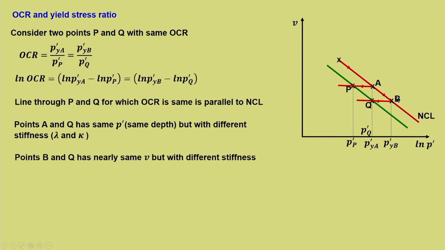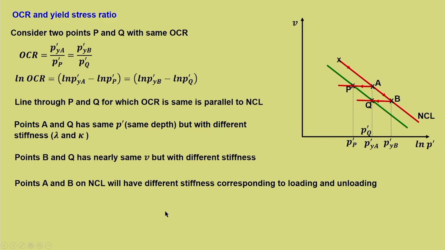Points B and Q have nearly the same specific volume. Why? Because it is on the unloading line, so the amount of regain of V will be marginal. So B and Q have practically the same specific volume, but they can be considered to have different stiffness. Why? B is on NCL, so it will have a stiffness of lambda, whereas Q has a stiffness of kappa.